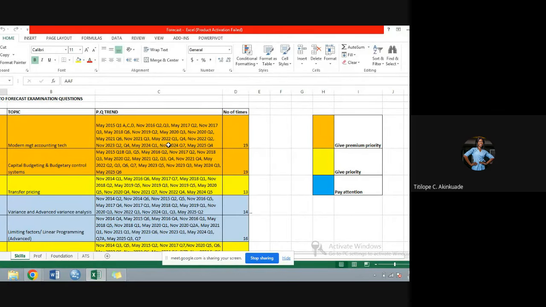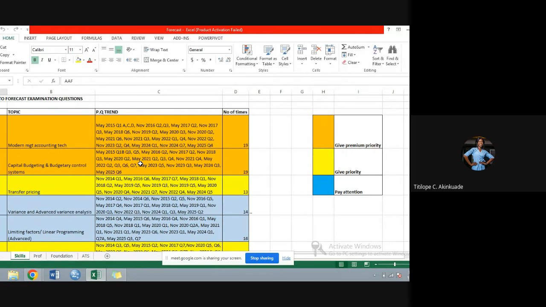However, because of the adjustment in the syllabus, we don't want to sleep on this particular topic. So please pay attention to your capital budgeting and budgetary control systems.